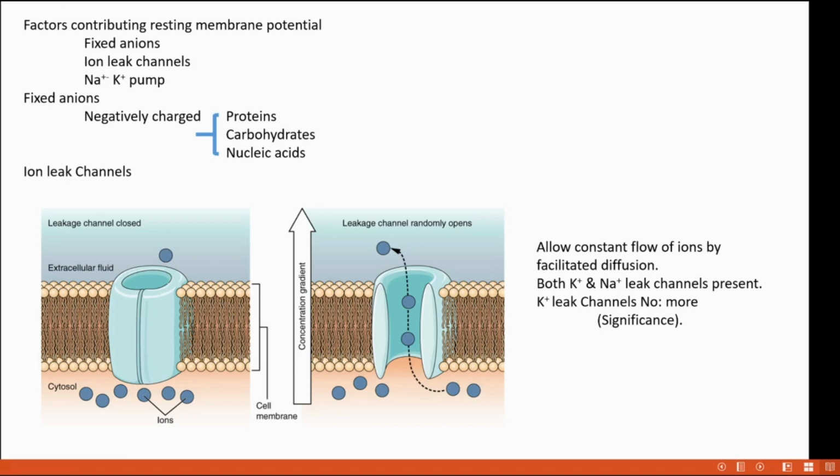Those channels are called ion leak channels, and the number of sodium leak channels is less than the number of potassium leak channels. That means more potassium is moving out than the amount of sodium moving into the cell. Right?